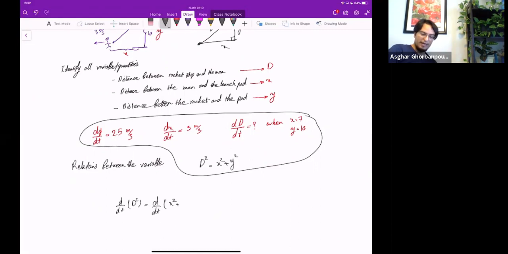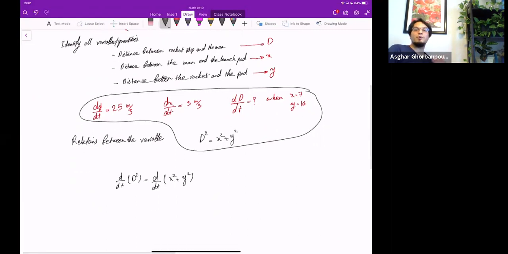When you're trying to find the relation between the rates, you differentiate both sides with respect to the third variable t. So this will give us 2 D dD/dt equals 2 x dx/dt plus 2 y dy/dt.